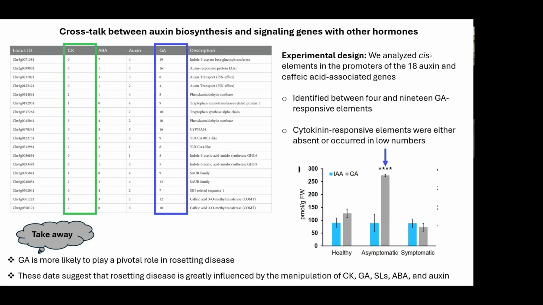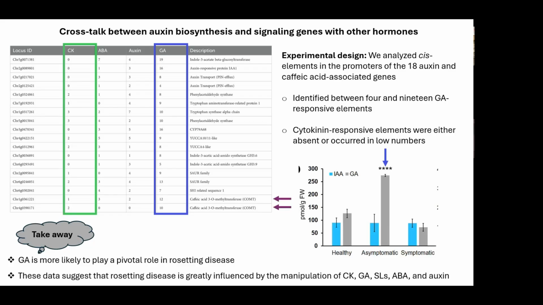So there is a crosstalk happening between these 18 genes at the cis elements in the promoter region. The takeaway from this slide is that GA is most likely to play a pivotal role in this setting, and this data suggests disease is influenced by manipulation of cytokinin, GA, strigolactone, abscisic acid, and auxin by RLV.